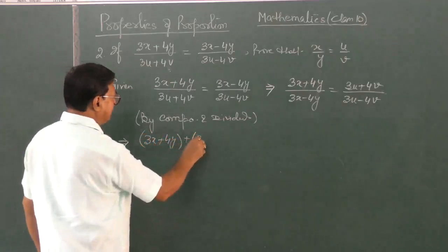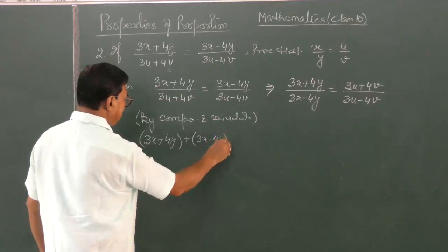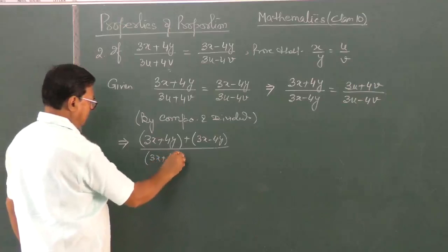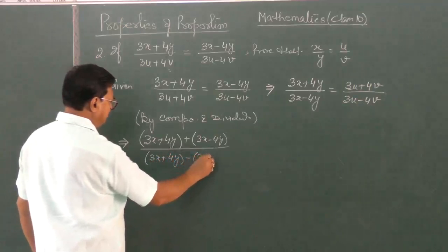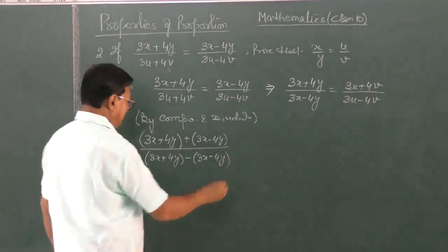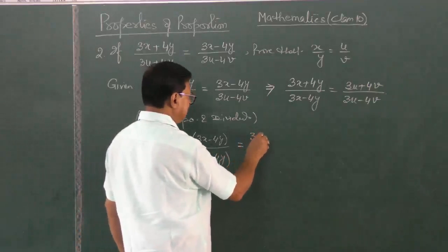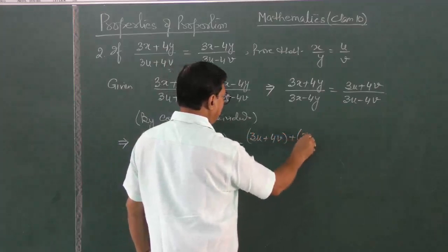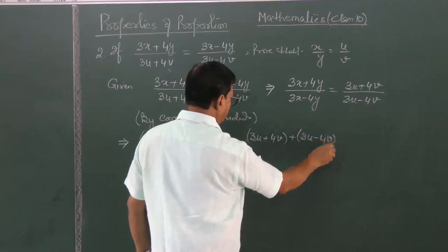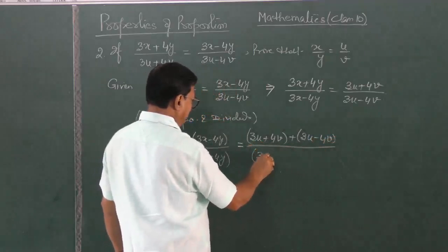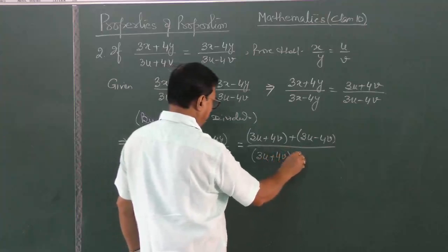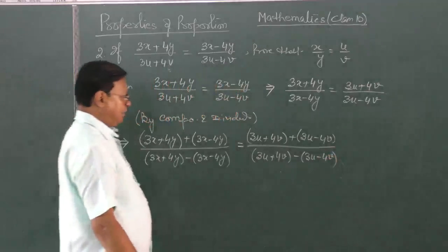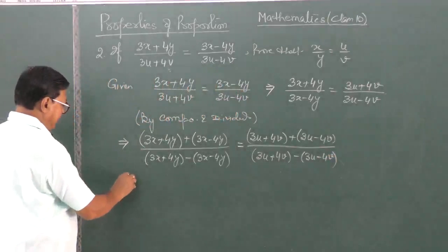This numerator plus denominator by numerator minus denominator, apply both sides. And then remove the bracket.